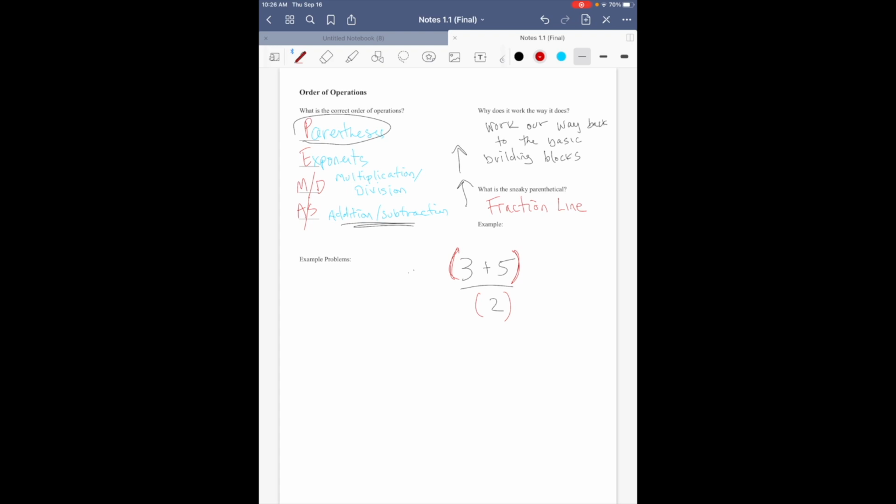Although they rarely write those in, it is understood that you will be completing the top independent of the bottom. So 3 plus 5 would be 8 divided by 2, which is 4. So the fraction line, when you see this, you can treat it like there are imaginary parentheses there.